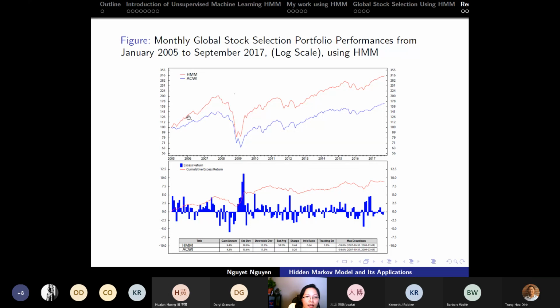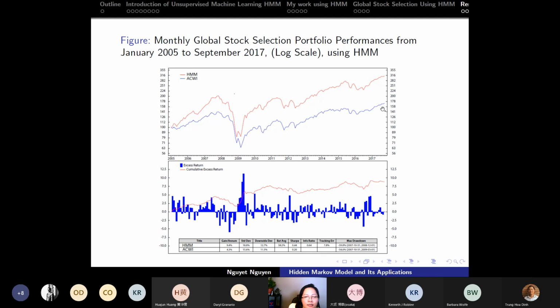Our performance is the red line right here, and the blue one is the performance of the all world index, that means the composite of 2,500 stocks in the all world index. You see that our performance is always higher than the all world index.